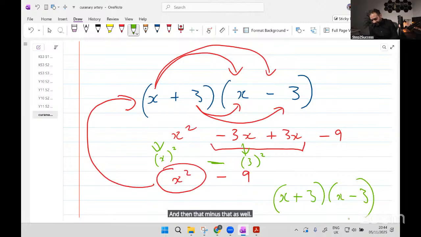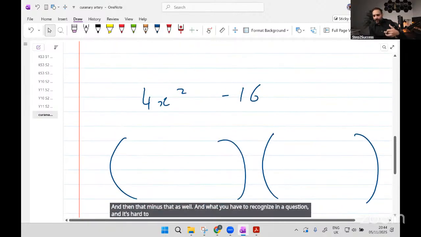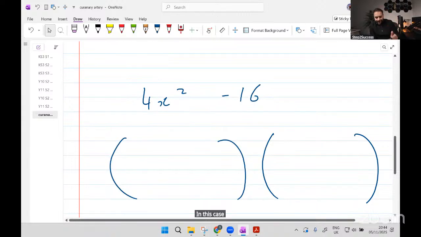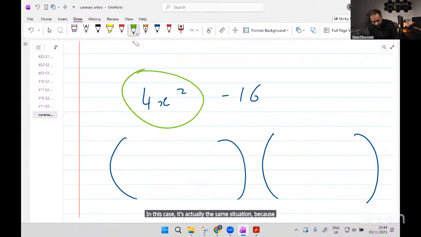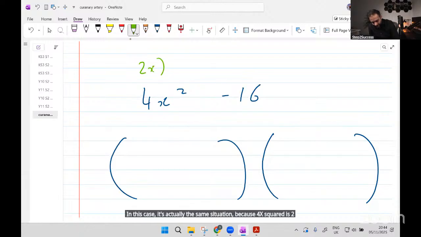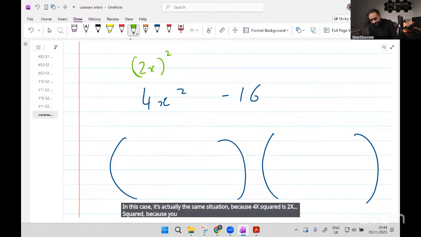And what you have to recognize in a question, and it's hard to spot this, which is why it's a good question, actually. In this case, it's actually the same situation because 4x squared is 2x squared, because you square the 2 to 4 and the x becomes squared. 16 is 4 squared, and there is a minus in the middle.